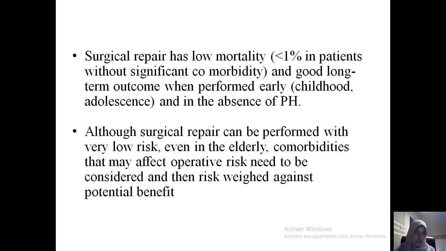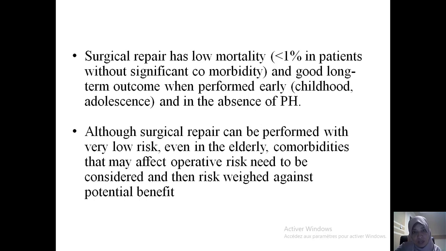For surgical repair, it has low mortality, less than 1% in patients without significant comorbidity, and good long-term outcome when performed early, that means during childhood or adolescence and in the absence of pulmonary hypertension.